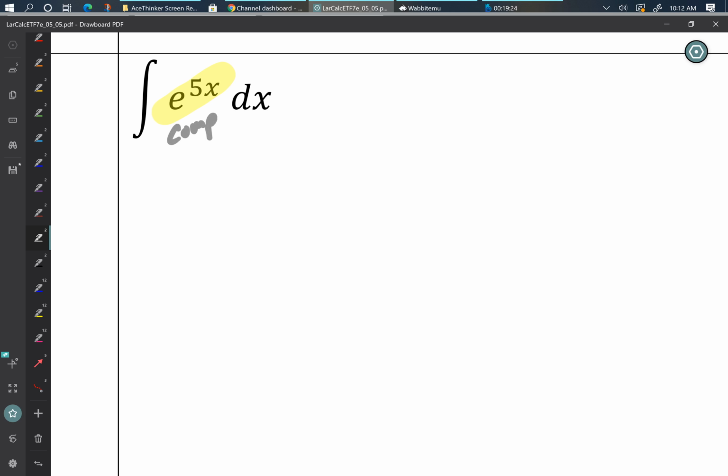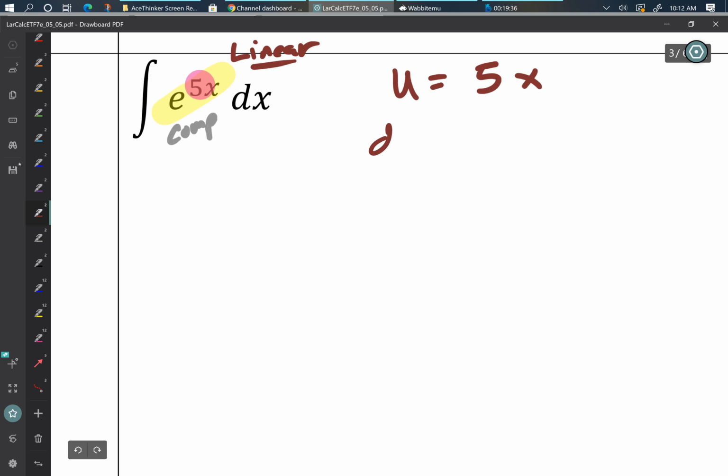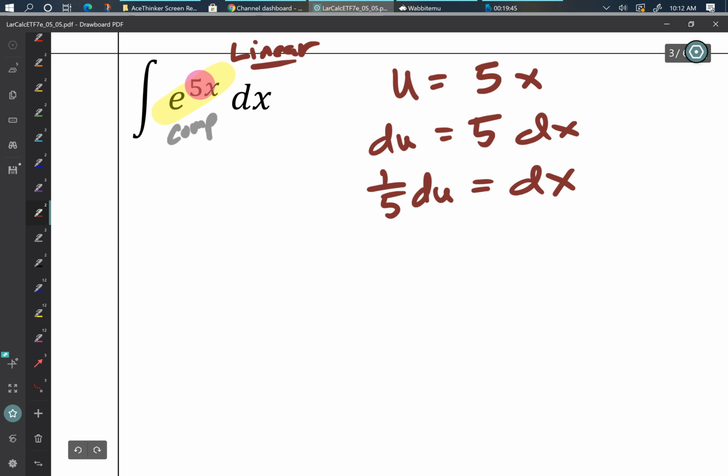But that inside part of this thing is linear. Okay, that's linear. So if we say that the inside u is 5x, then our differential du is just 5 dx, or that 1/5 du is dx, and now I've got the substitution for the dx.